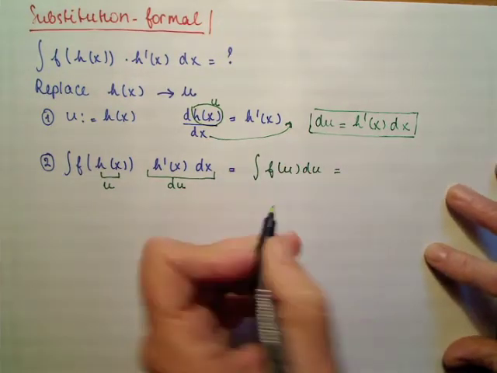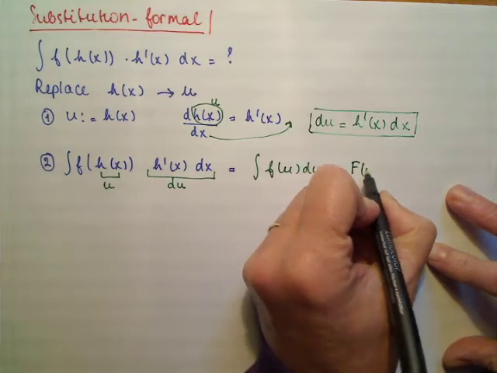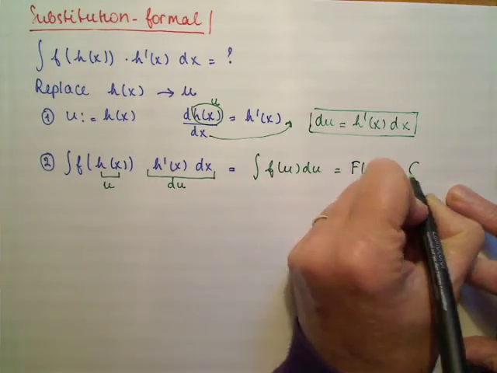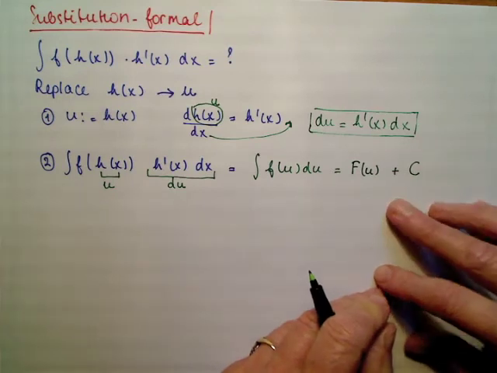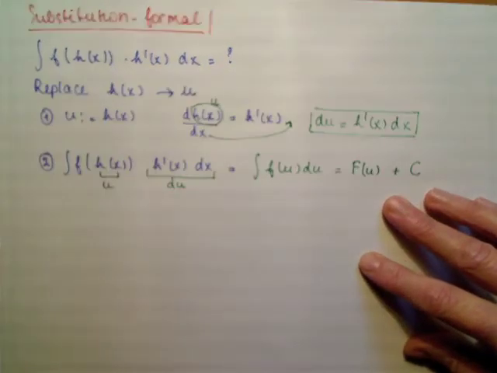Now, clearly little f has some primitive function big F, and so we get capital F of u plus a constant c.